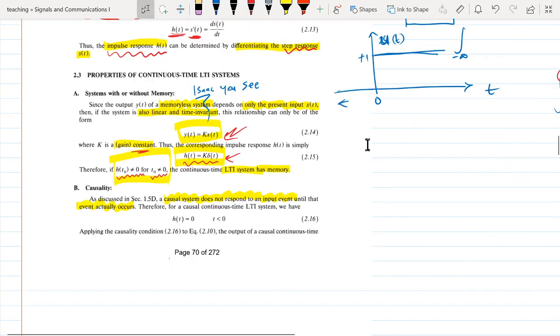I want just to repeat a few things I have said about this. A system without memory is described as y of t equals k x of t, where x of t is an arbitrary input.